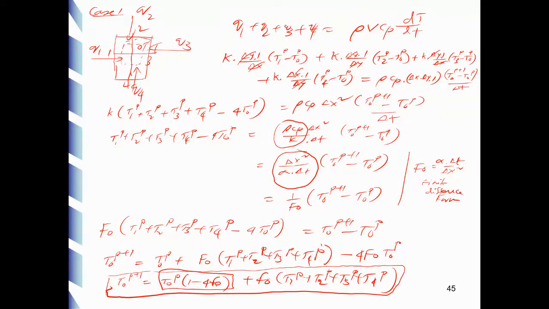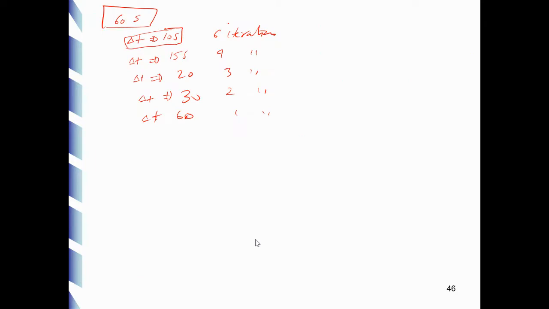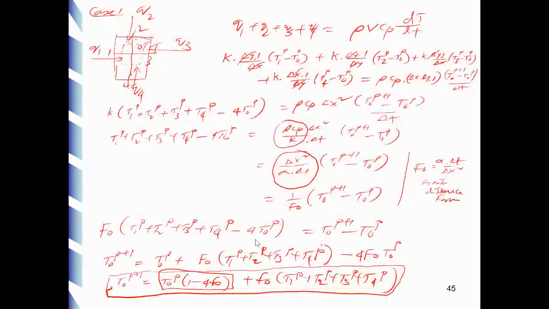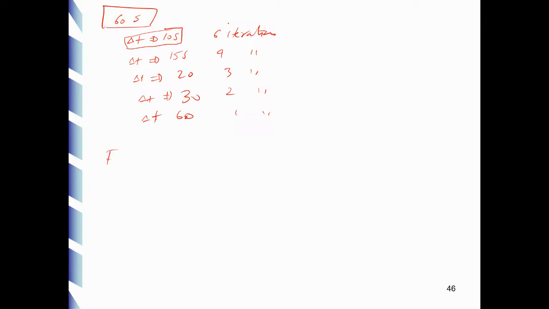See F0, if F0 is 1/4, then 4 multiplied by 1/4 is 1, so this whole term will be 0. So F0 should be less than or equal to 1/4.